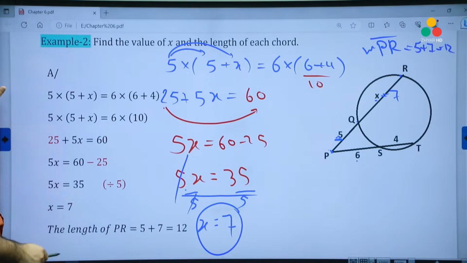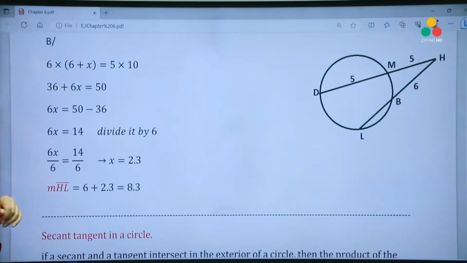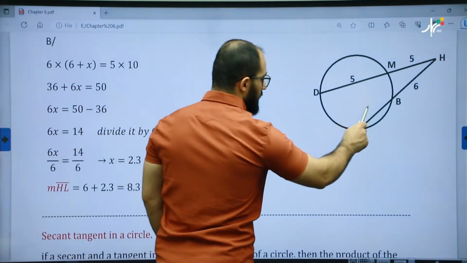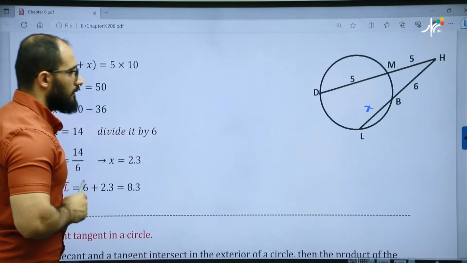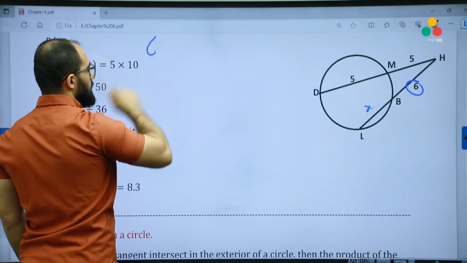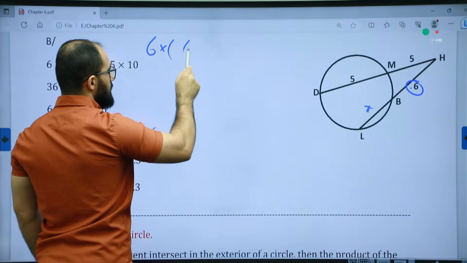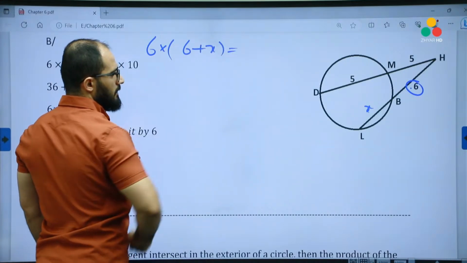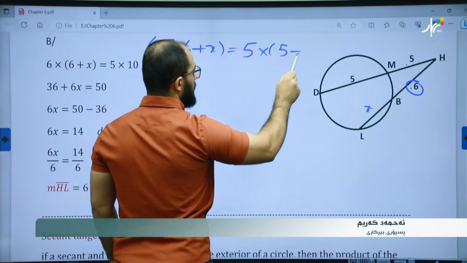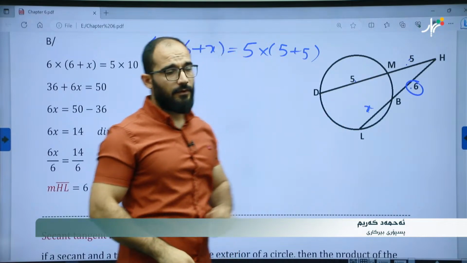So pay attention with the other example. It's the same thing that you have exterior secant. Okay, it says find the value of x. This is x, it's unknown. So 6, please pay attention, 6 times 6 plus x is equal 5 times 5 plus 5.